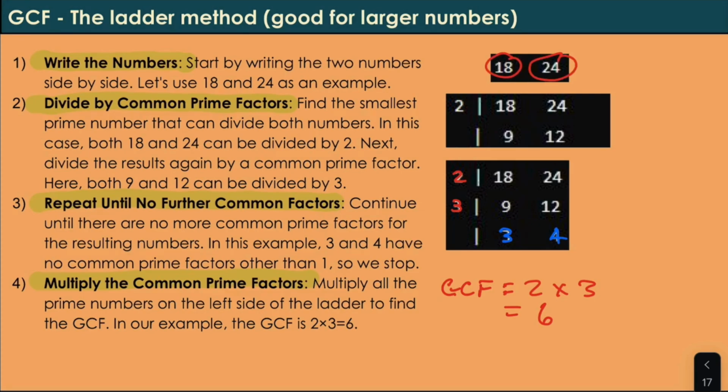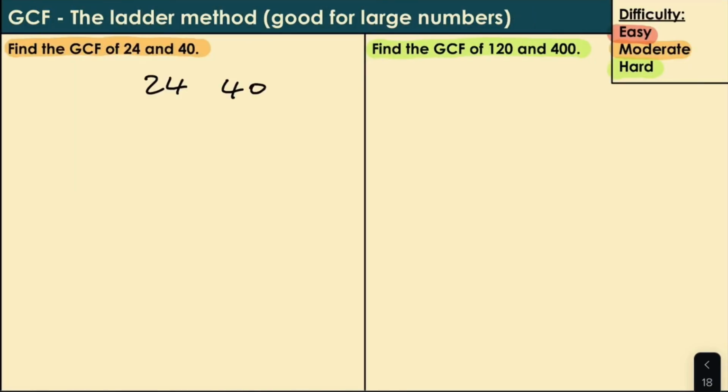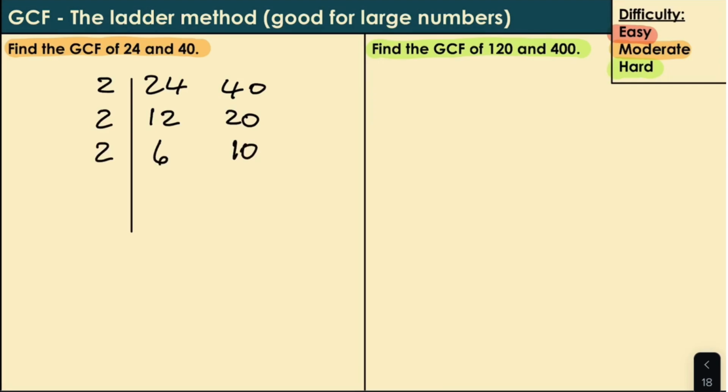Let's try some examples. 2, yep, 2 goes into both. So we divide both of them by 2. Again, 12 and 20 are even numbers, we divide by 2. 6 and 10, even numbers, we can divide both of them by 2. 6 divided by 2 is 3, 10 divided by 2 is 5.